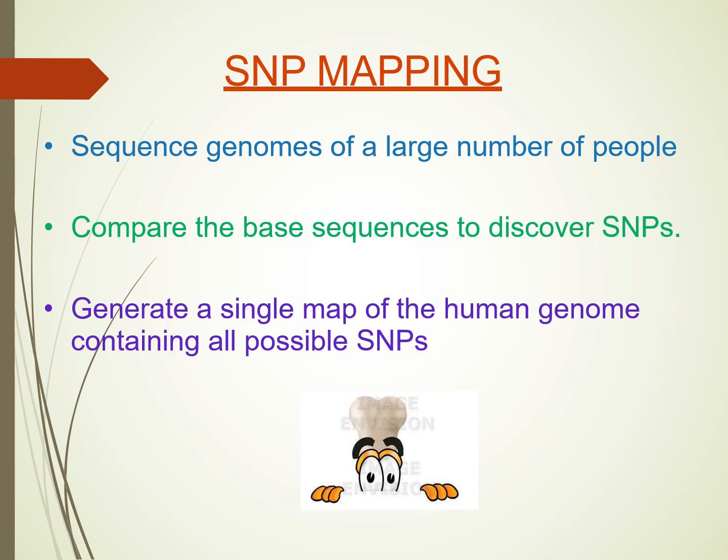Finally, you compare all the base sequences of those genomic DNA sequences to discover the SNPs. After DNA sequence alignment, you will come to know where the differences between the genomic sequences are, and those are the points where SNPs are present. So you can generate a single map of the human genome which contains all possible SNPs.